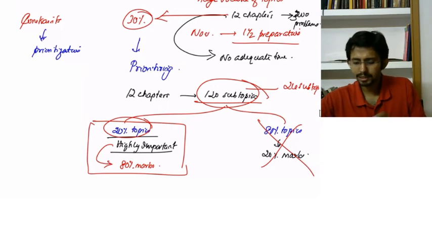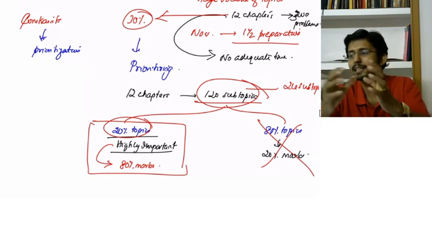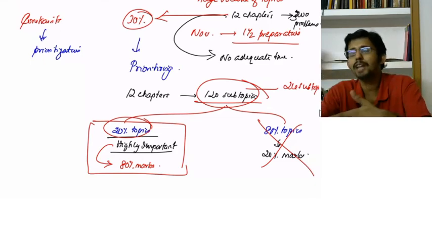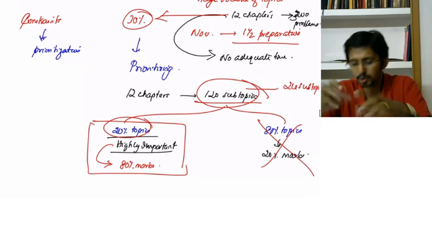Is it clear? This is a rule of prioritization. If you have certain high yield topics, you concentrate on those first. Then if time permits, you go to the other topics. Clear? Similar prioritization rules can be applied in real-time situations also.